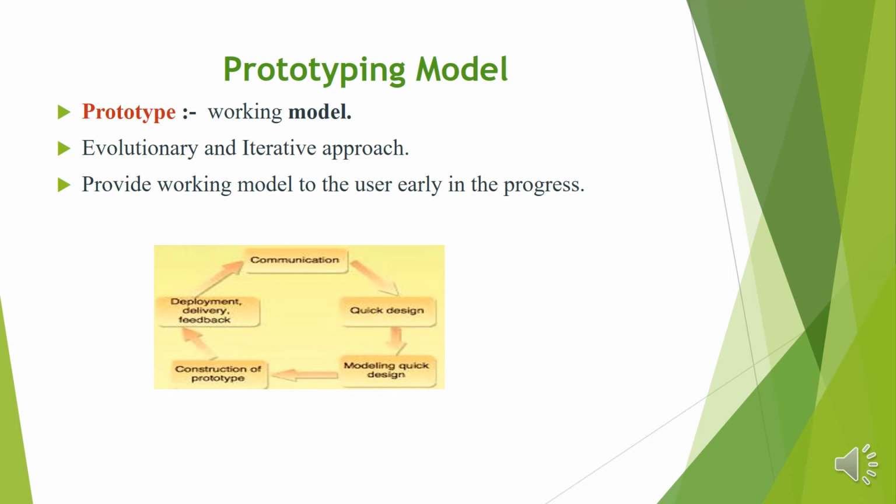During the development process, the customer defines a set of general objectives for the software but does not identify detailed input, processing or output requirements. Similarly, the developer may be unsure of the efficiency of an algorithm, the adaptability of an operating system or the form that human machine interaction should take.